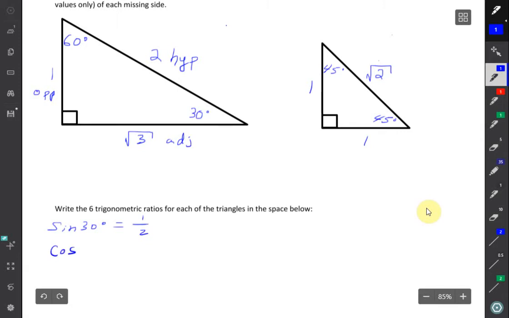The cos of 30 is root 3 over 2. And the tan of 30, which is the opposite over the adjacent, is 1 over root 3. I'm going to write SOHCAHTOA up here for us to refer to from now on.